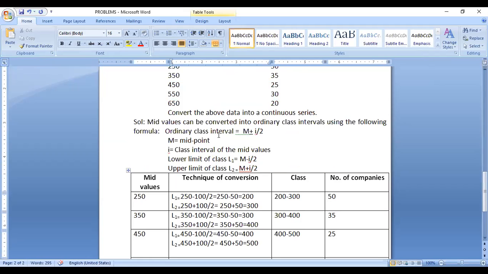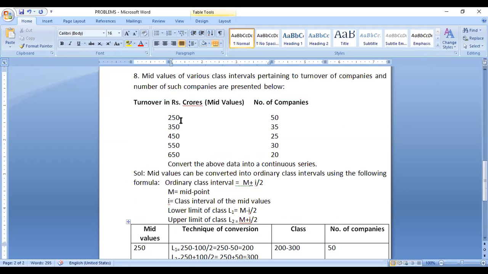The formula is m plus or minus I by 2. I means a class interval here. Interval means the difference between consecutive mid values, consecutive midpoints. Any two consecutive midpoints you can take. 450, 550, the difference is 100. 350, 450, the difference is 100. 250, 350, the difference is 100. 650, 550, the difference is 100. So like this, you can calculate, you can understand. Okay.